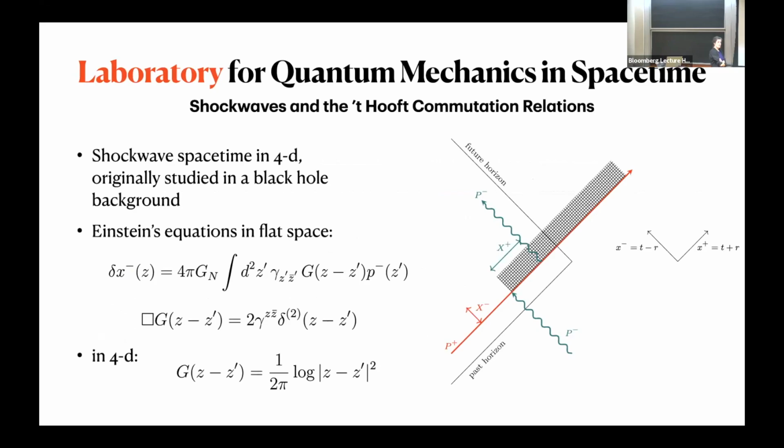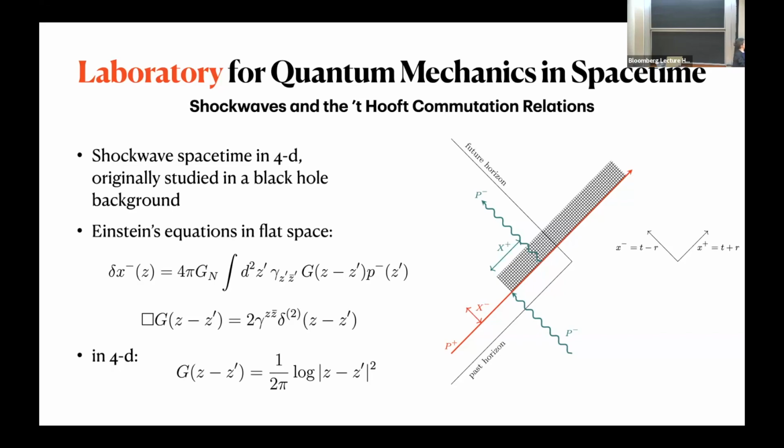So this is the setup. It's shockwaves and then Hooft commutation relation. So what Hooft did was he was interested in black hole horizons, and he said, okay, if I have a particle that's going into the horizon and I have Hawking radiation that's coming out, the energetic particle that's coming in that has some typical momentum is going to give rise to a shift in the position of the outgoing radiation.